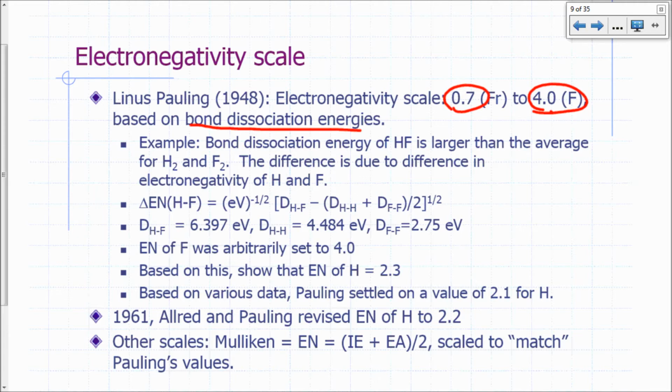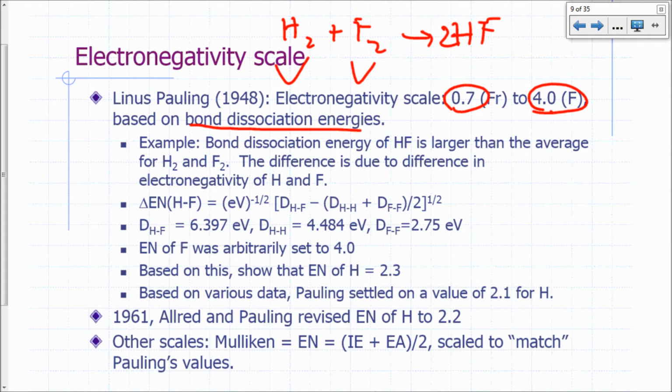Well, what Pauling found was that if you had a reaction between H2 plus F2, that gives you 2HF. That reaction is exothermic. What that means is the energy needed to break the H-H bond and the F-F bond, okay?